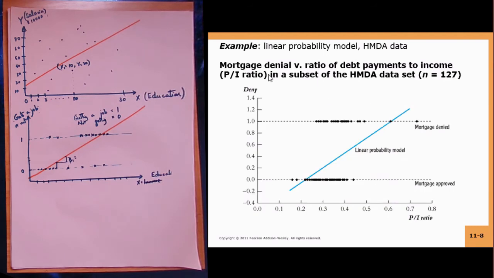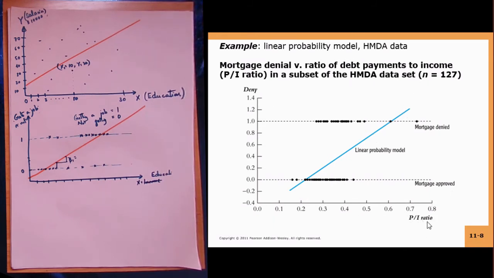So this is the mortgage denial case that we were looking at, that was the example. In our particular case, we are defining the mortgage being denied as the dependent variable. Hence, when the mortgage is denied, we put y equal to 1, and when the mortgage is approved, we put y equal to 0. And if we fit a linear probability model, on the x-axis we take something called the payments to income ratio.